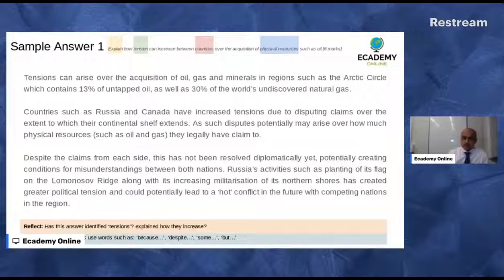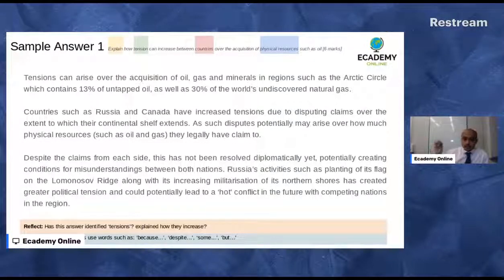Each point along that sentence is saying how the situation can get worse. Russia's activities, such as planting of a flag on the Lomonosov Ridge, along with its increasing militarization of its northern shores, has created greater political tension. So it mentions the type of tension that's occurring and could potentially lead to so-called hot conflict, i.e. a physical conflict in the future with competing nations in the region.